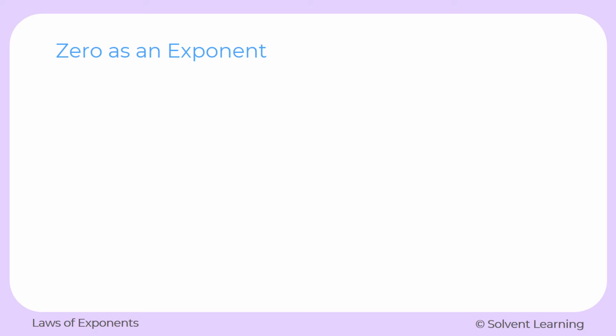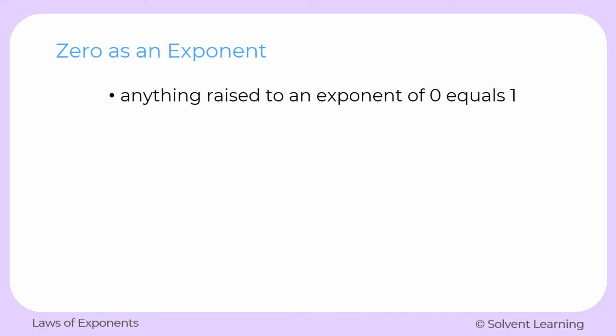Next, we'll see what happens when we have the number 0 as an exponent. The main thing that you need to know about 0 as an exponent is that anything raised to an exponent of 0 equals 1. It doesn't matter what number or what variable you have as the base.